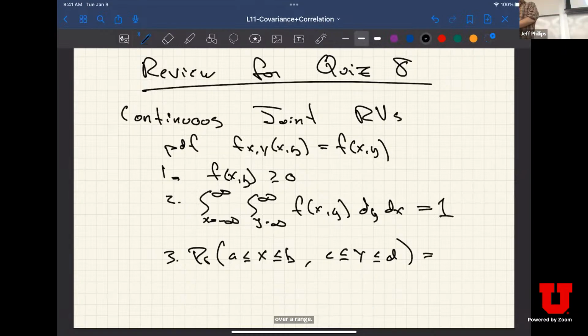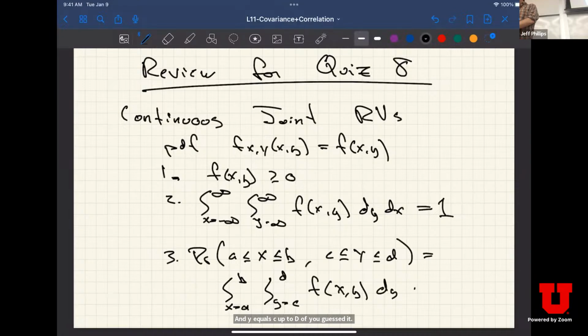Well, then this would be the integral of x equals a up to b and y equals c up to d of, you guessed it, f of x, y, dy, so dx. Right, so that's an equal sign here. That's how you would calculate that probability with this integral.